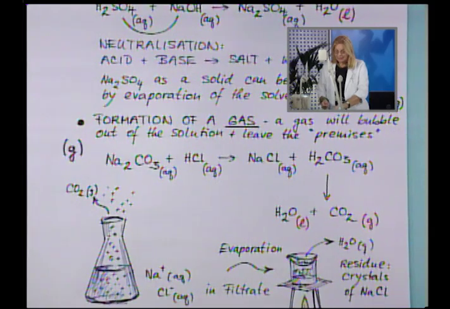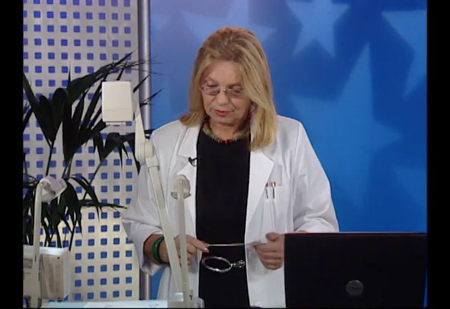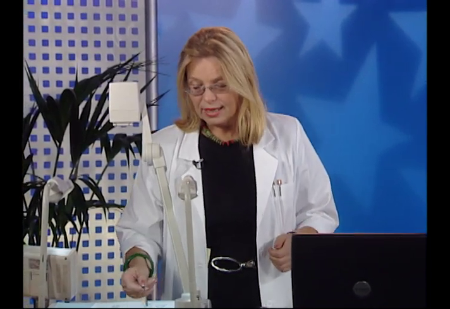So the gas, you know, is always trying to move out of things and go into the wild yonder, into the universe, into the atmosphere, so it will always seek the escape route.